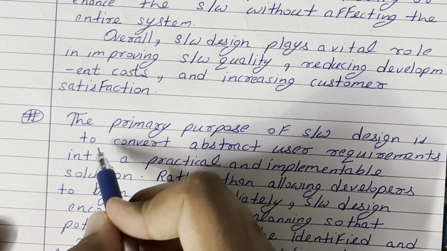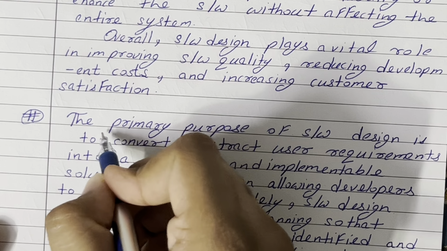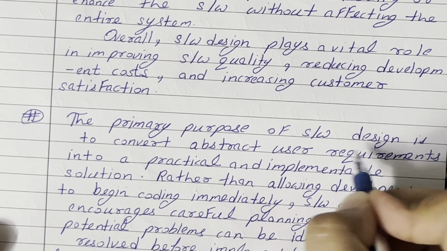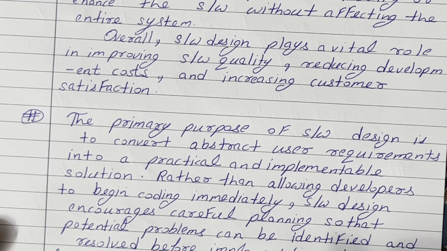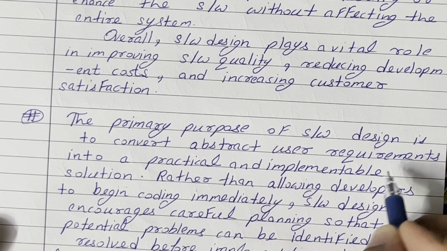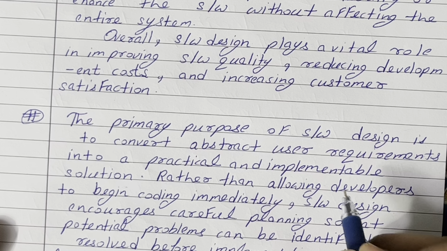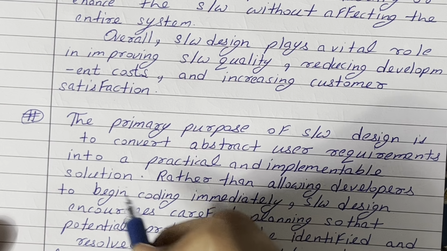So now let's understand the primary purpose of software design. So guys, the primary purpose of software design is to convert abstract user requirements into a practical and implementable solution.